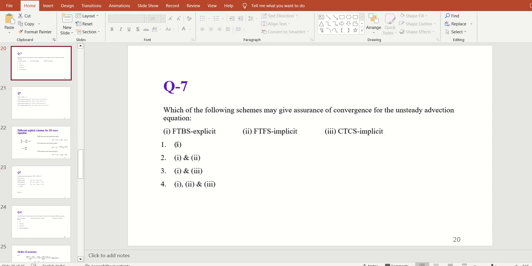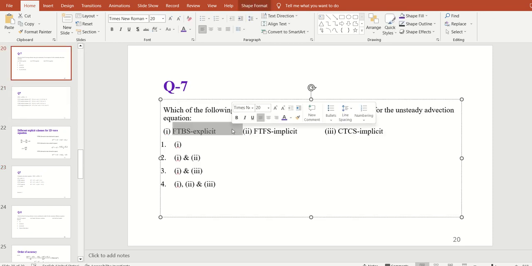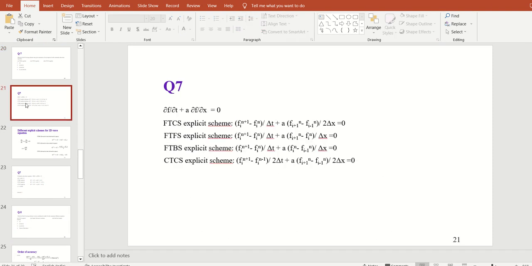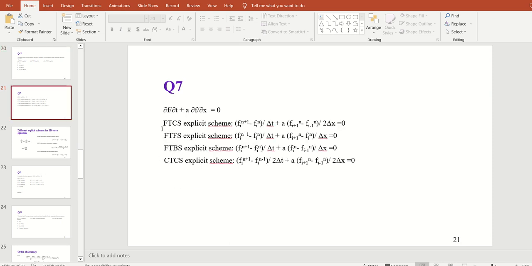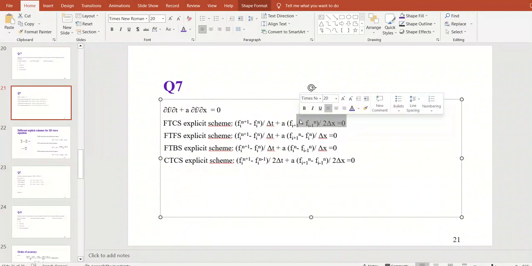For example, FTBS explicit that we have written, FTFS is implicit, and CTCS implicit. So what we should be doing is FTFS implicit.